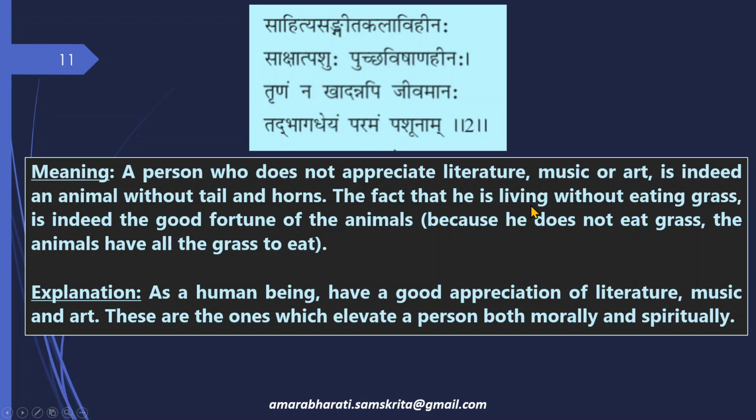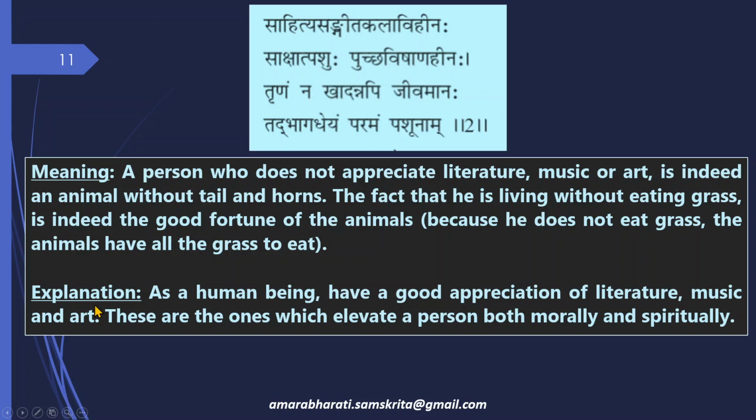The fact that he is living without eating grass is indeed the good fortune of the animals, because he does not eat grass, the animals have all the grass to eat. Otherwise, if this fellow also started eating grass, animals would have no grass to eat at all. He is no different from animal, except in the fact that he is not eating grass.